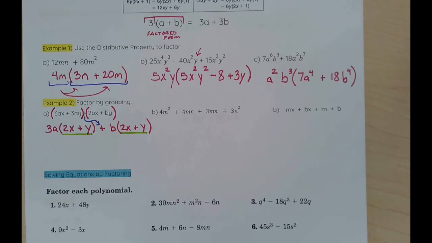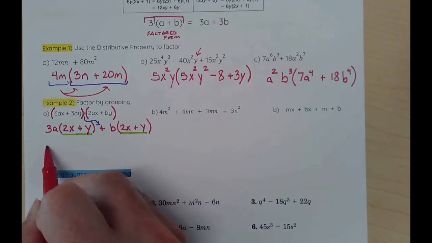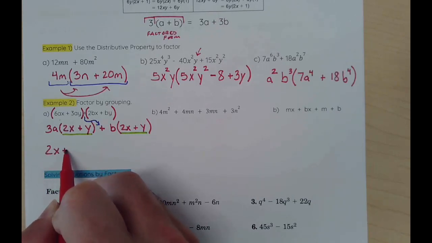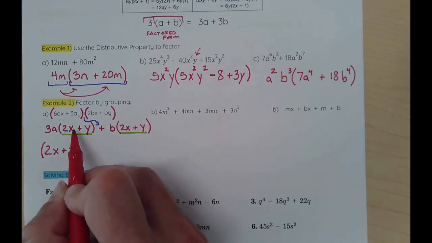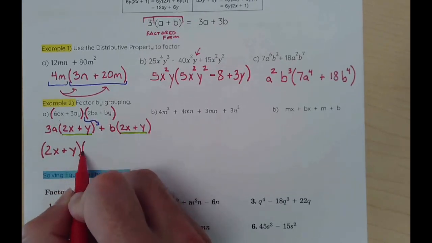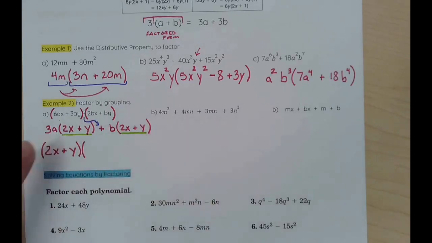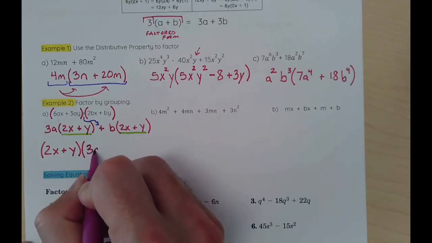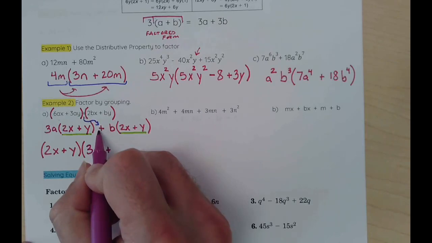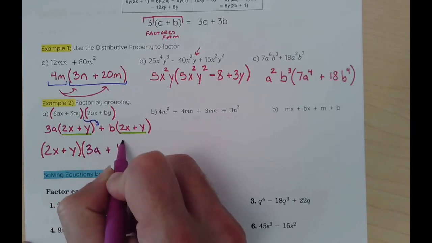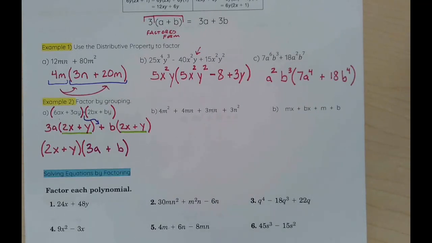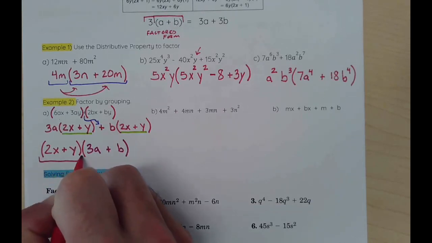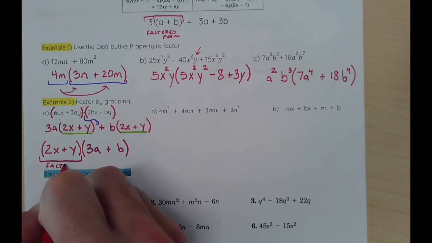So if I pull out 2x plus y as a factor, as the beginning, I'd be left with 3a plus b. And now I have my factored form. It looks a little different because I have binomials, but this is a factor and this is a factor.